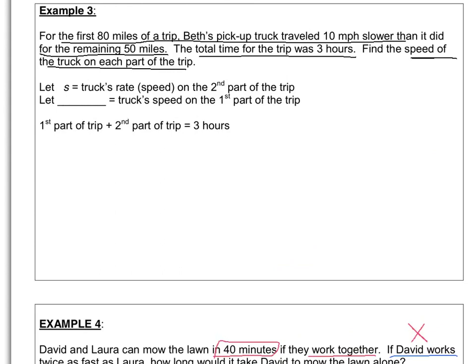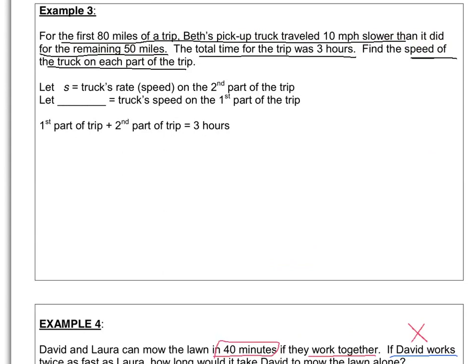Okay, so let's say that the speed of this truck is s. We don't know, so let it be s. If he's going s on the second part, let's read again. So basically he's going 10 miles per hour slower than he did for the remaining 50 miles.